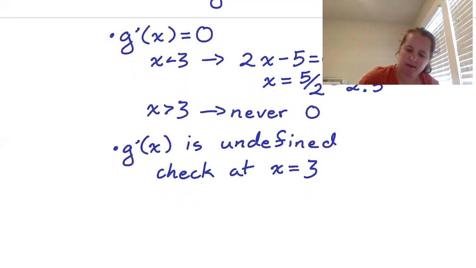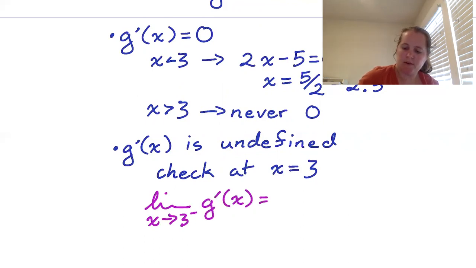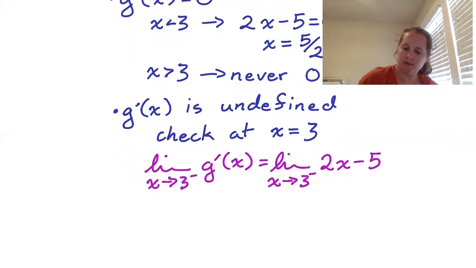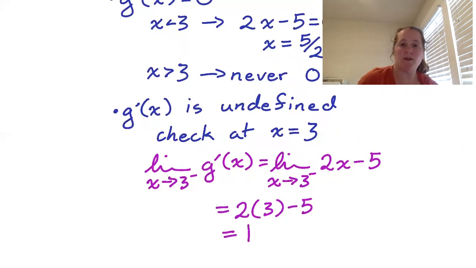If we look at the limit as x goes to 3 from the left of g prime of x, that's the limit of 2x minus 5, and plugging in 3, 2 times 3 minus 5, we get 1.